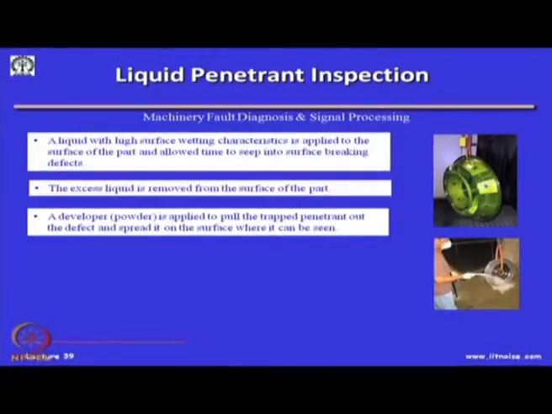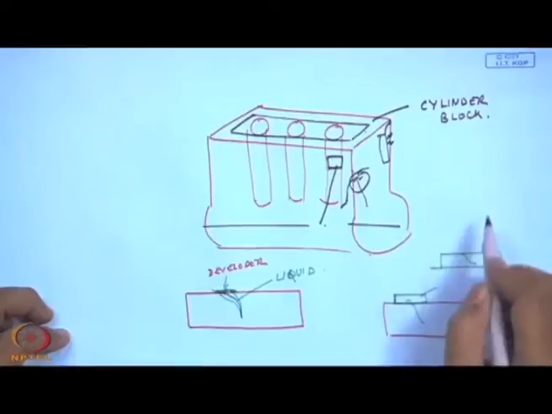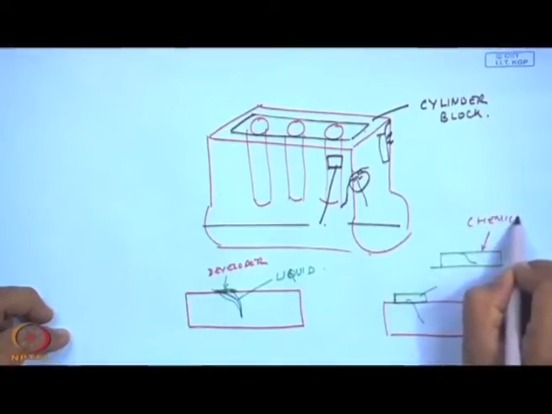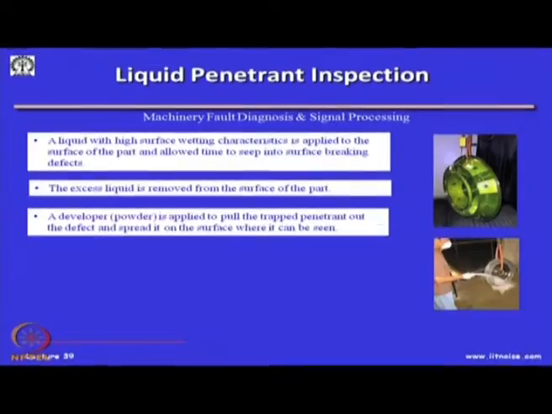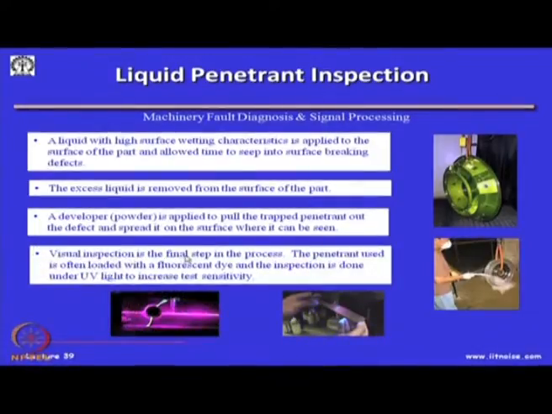Only thing is that sometimes this developer can be a chemical, and sometimes it can be seen through other means. A visual inspection is the final step in the process. The penetrant is often loaded with a fluorescent dye, and the inspection is done under UV light to increase the test sensitivity.